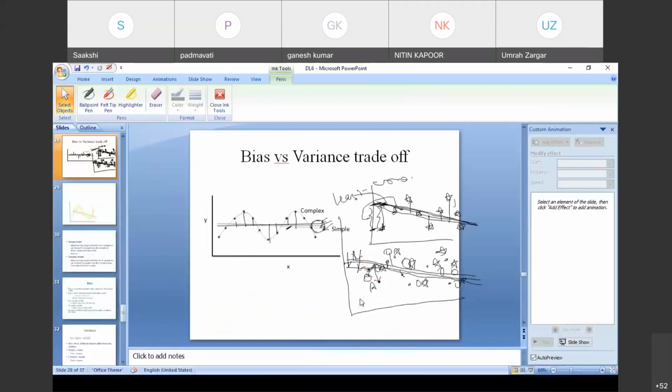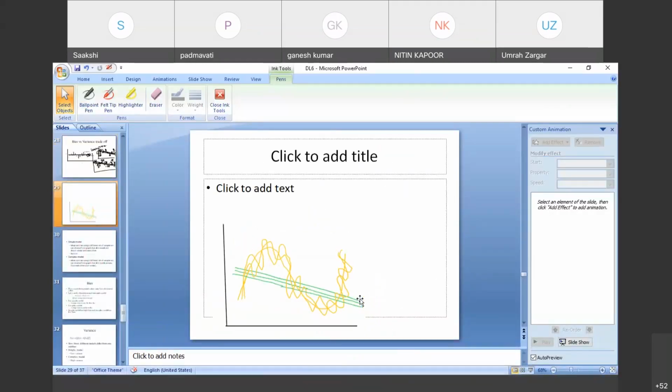Actually there are three different curves: one is this one, the other one is this one, and the third one is this one. The first one has been generated on some 10 data points, the second on 10 data points, and the third on 10 data points.